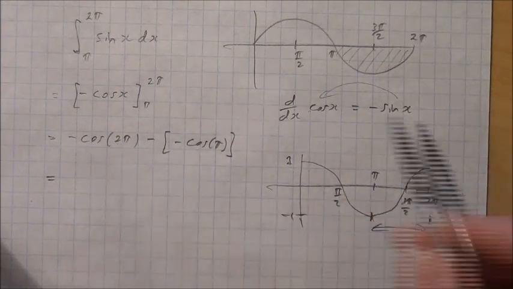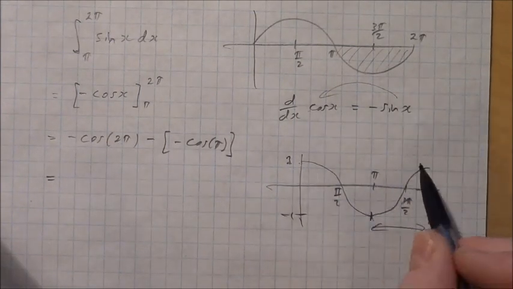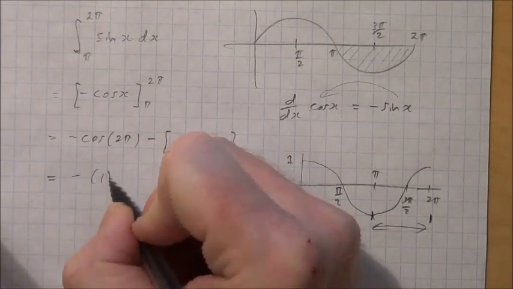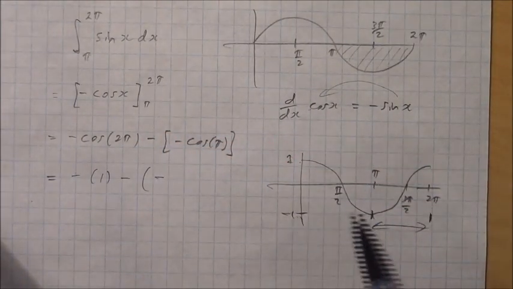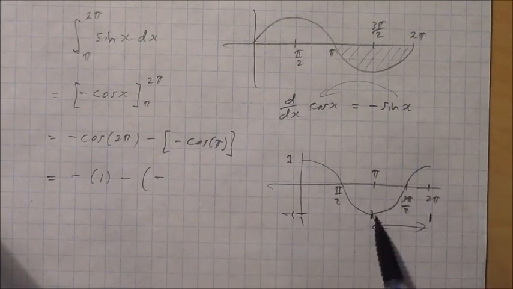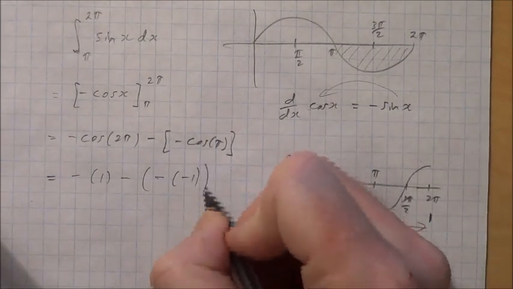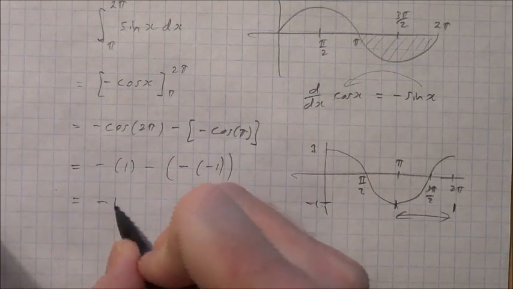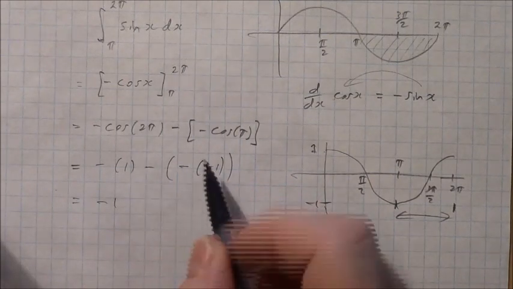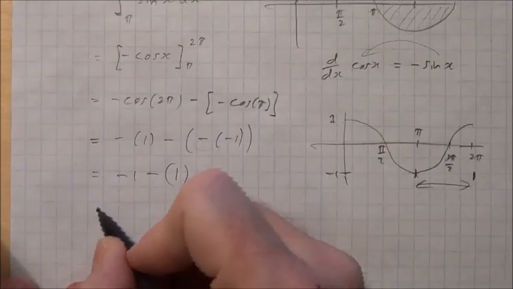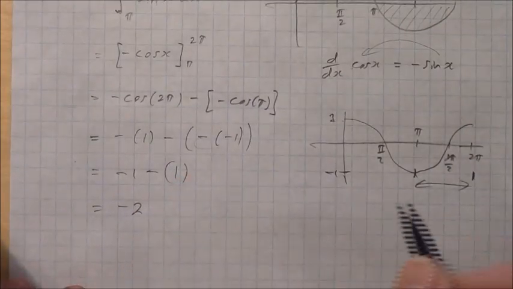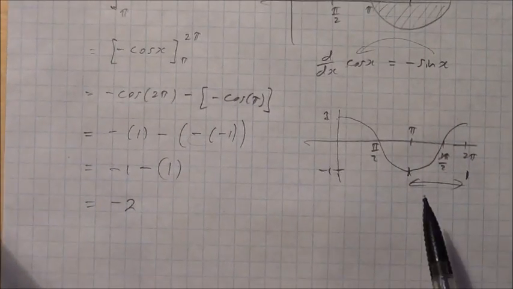So the cosine of 2 pi is 1, so it's negative 1, minus negative, and cosine of pi is negative 1 already. So you get negative 1 minus, and then here's positive 1, and so that gives us negative 2 as the final answer.